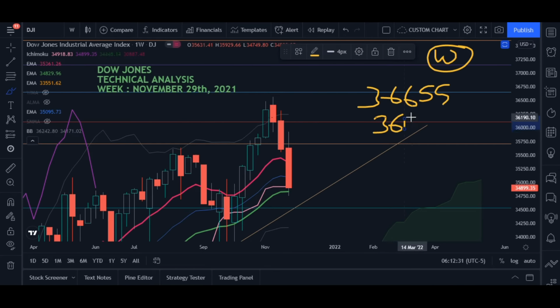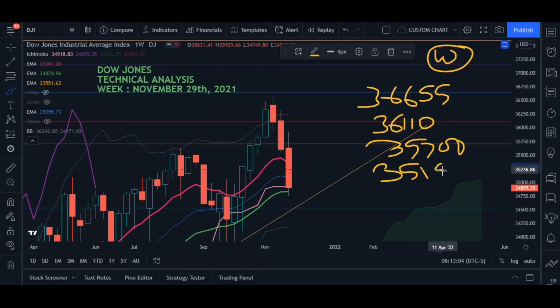This 36,110 was very critical last week, and it played a very important role last week. Then we have another strong resistance at 35,700, and then another resistance somewhere around 35,150.